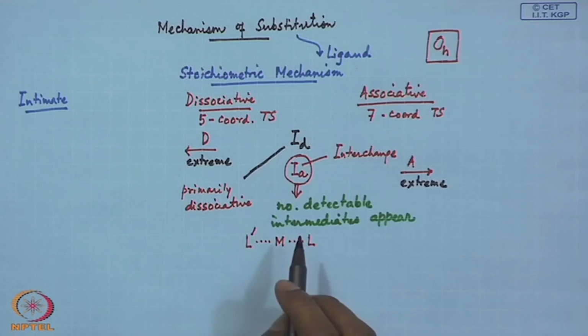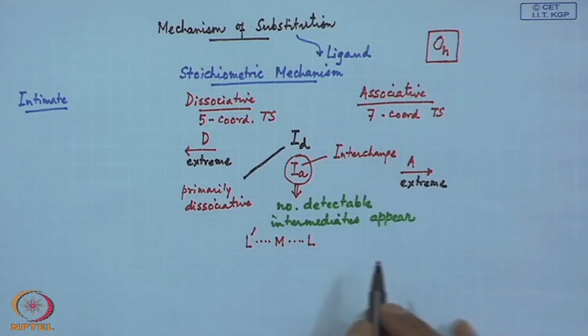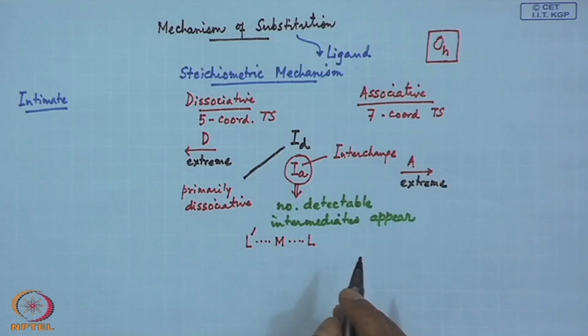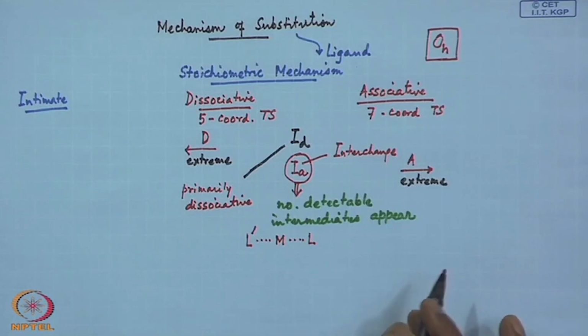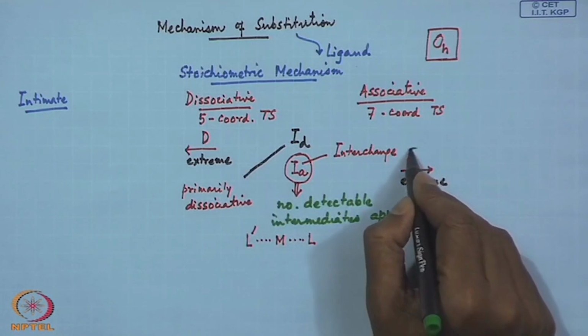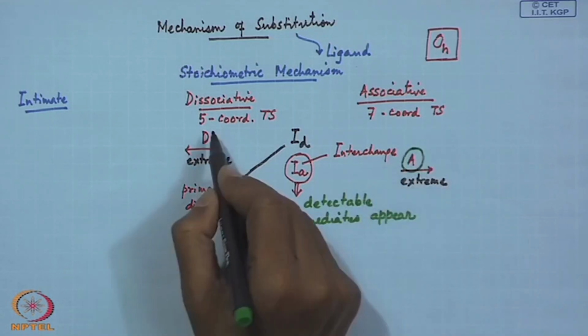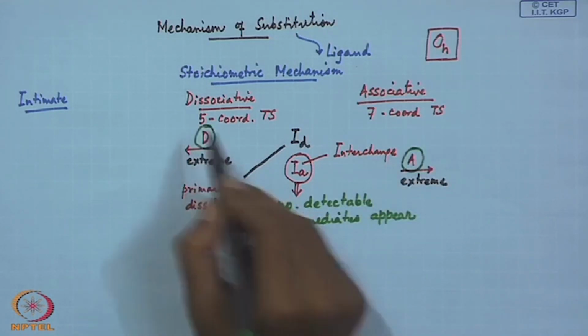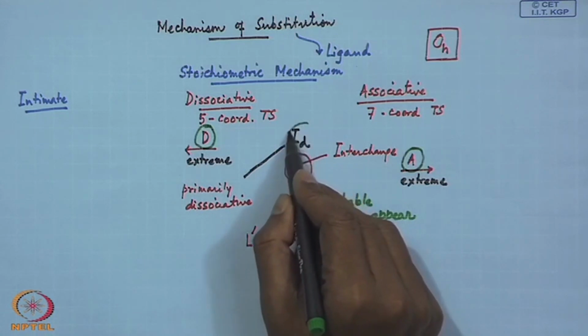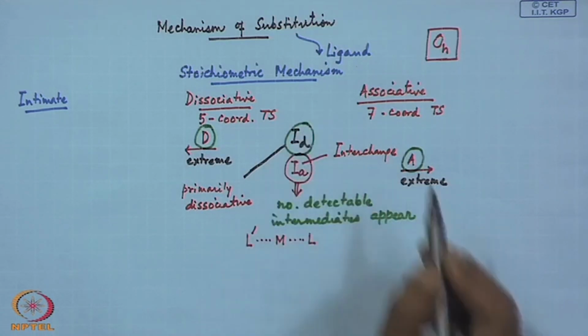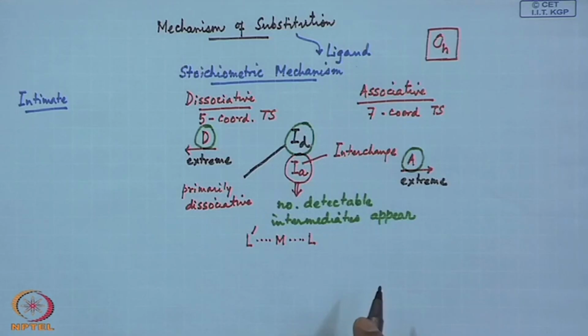So, there are many reactions which can be described as Ia and Id mechanism rather than typical A and D. Therefore, we can consider the reactions as D and A at two extreme ends, or the two intermediate cases Ia and Id.